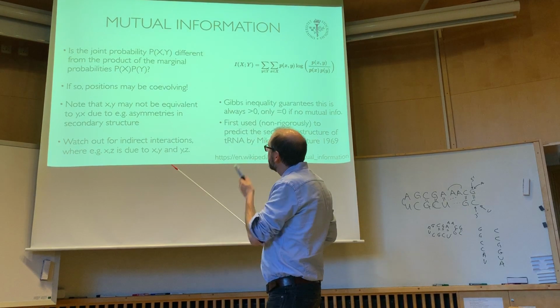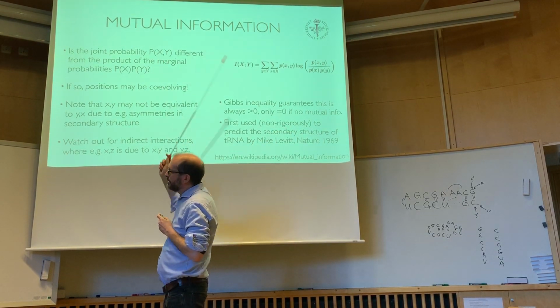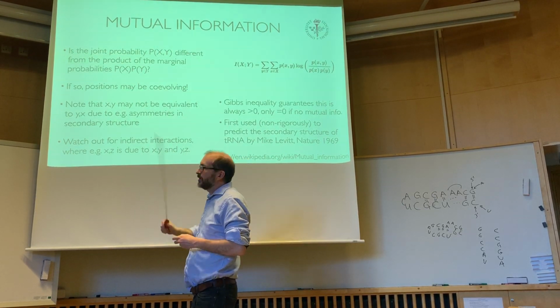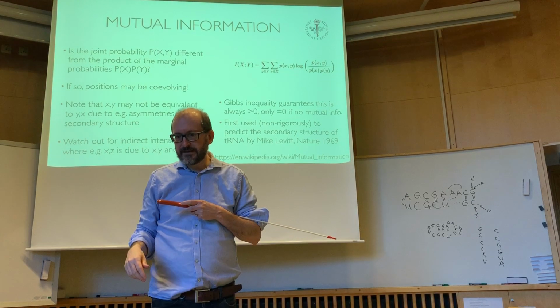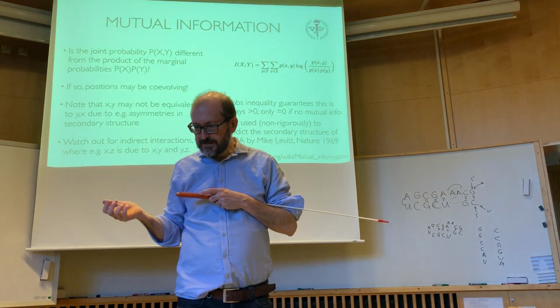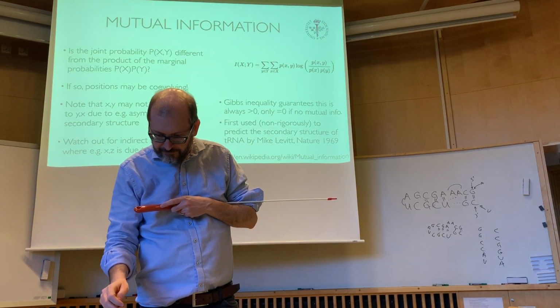What you're effectively asking is whether there's a difference between the joint probability of x and y and the product of the two marginal probabilities p of x and p of y. If they're basically the same, then they're not co-evolving, and to the extent that they're different, then they are co-evolving.